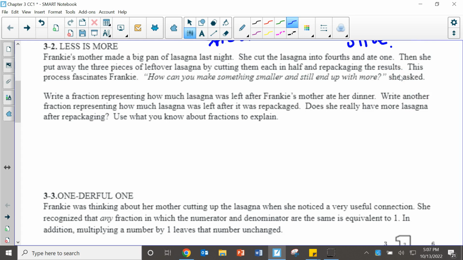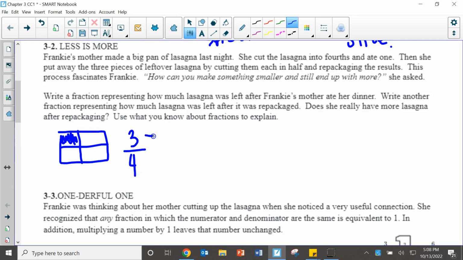So the fraction of lasagna she had left over, right after she ate, before she cut anything up: she had this lasagna and she cut it into fourths, so 4 pieces, and then she ate one. So how much was left? 3/4.